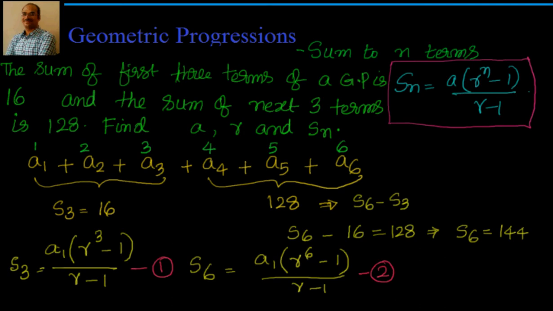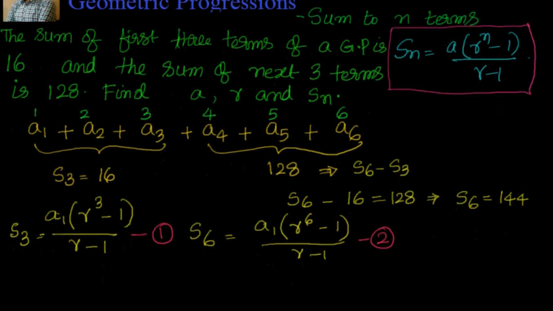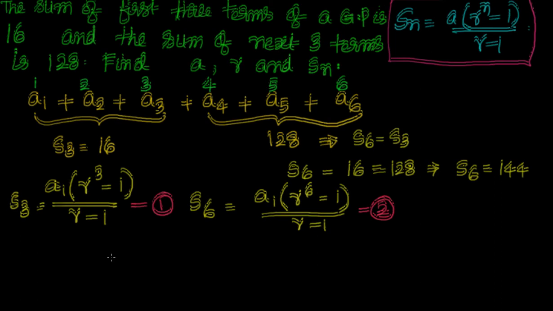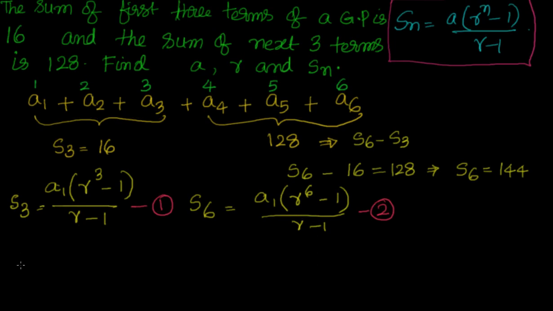Now what I want to do is divide 2 by 1 so that I can find out the value of R. So I will say 2 by 1 gives me, now we know S3 is nothing but equal to how much? 16. And S6 is nothing but equal to 144.